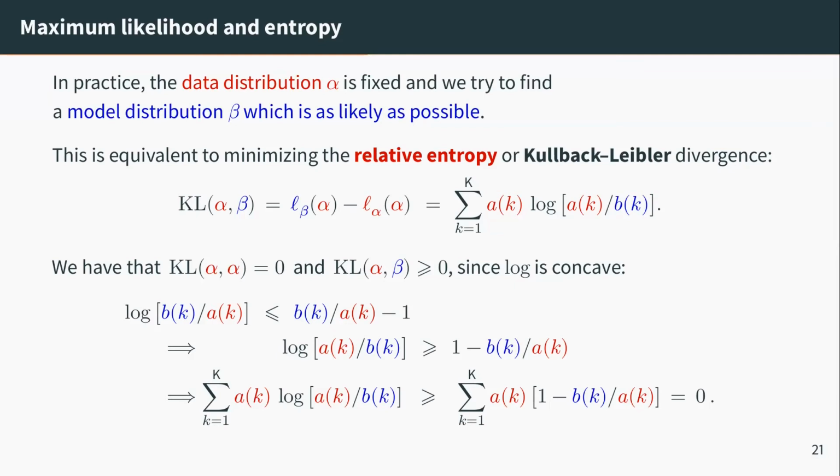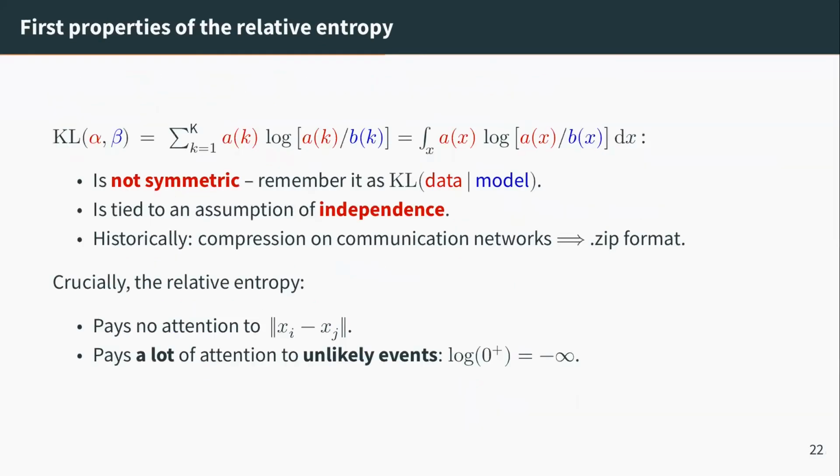So it kind of behaves like a distance, or at least it's good enough to be used as a loss function in logistic regression. Now, some other properties of this formula. First, we can define it for continuous distributions.